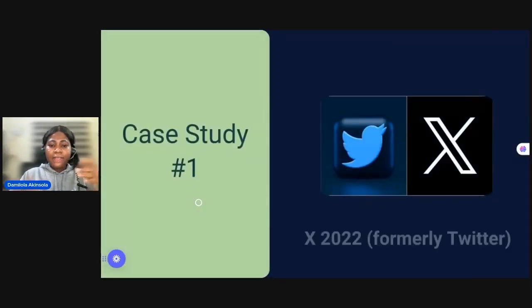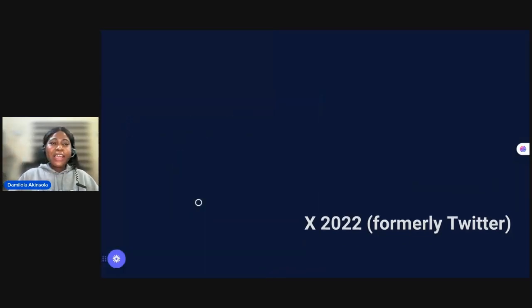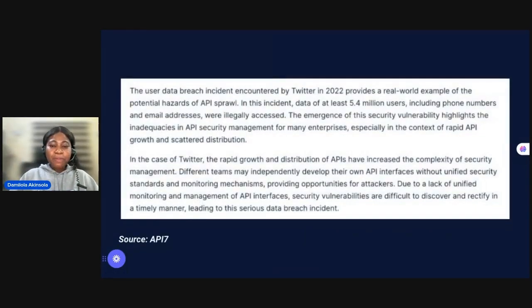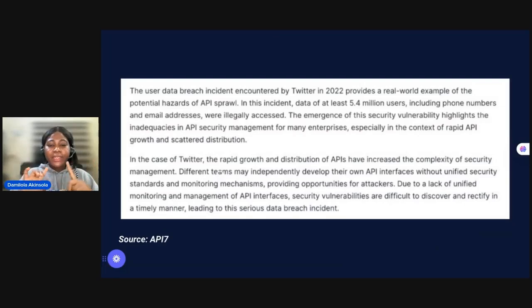Now, how has this affected some organizations? Well, I have created some case studies that we can learn from. The first one is X, formerly known as Twitter. In 2022, as you can see from the snapshot from this news story, they experienced a data breach that exposed personal information of 5.4 million users, including phone numbers and email addresses.